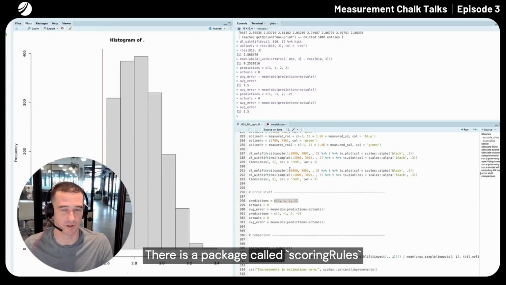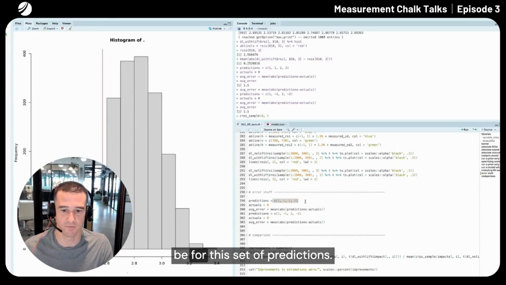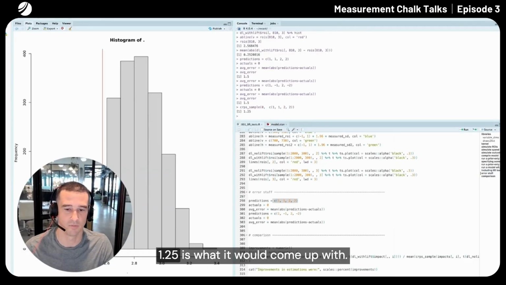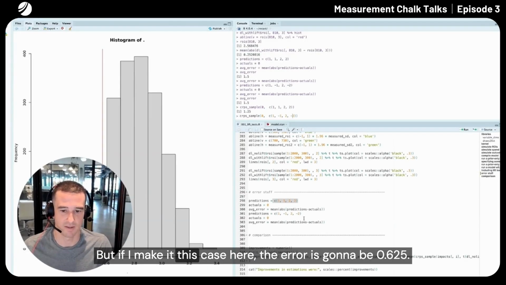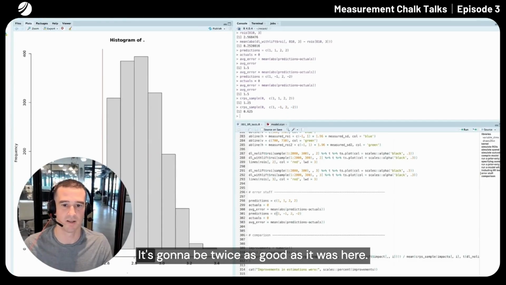There is a package called scoringrules that has this function, crps_sample, and we can see what this would be for this set of predictions. 1.25 is what it would come up with. But if I make it this case here, the error is going to be 0.625. It's going to be twice as good as it was here.